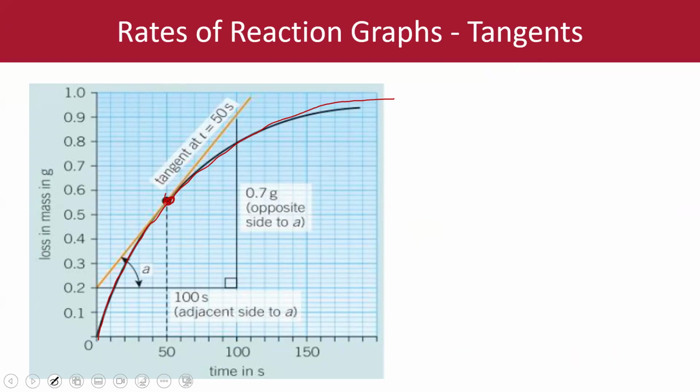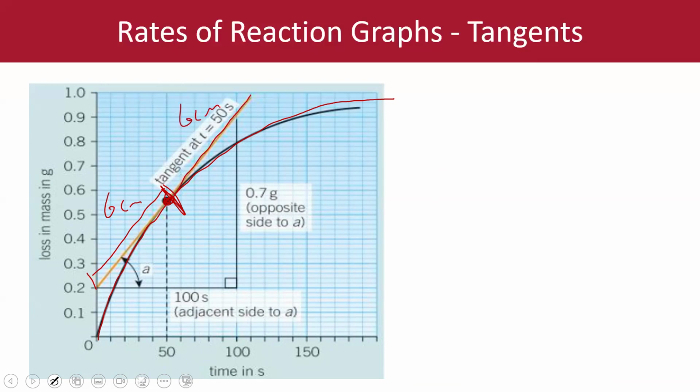Now, the actual length of the tangent doesn't really matter. However, what I would always do is measure from the central point, let's say 6 centimeters, and then going in the same direction the other way, I would also do 6 centimeters.